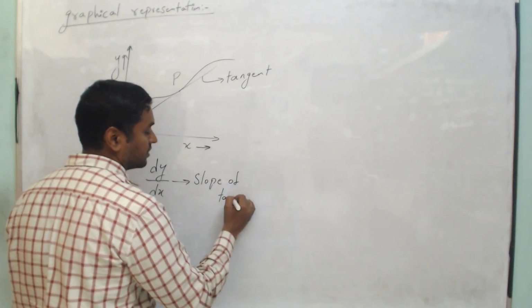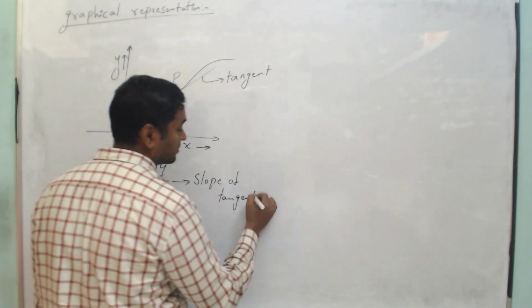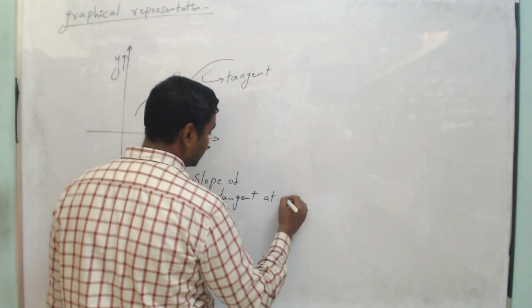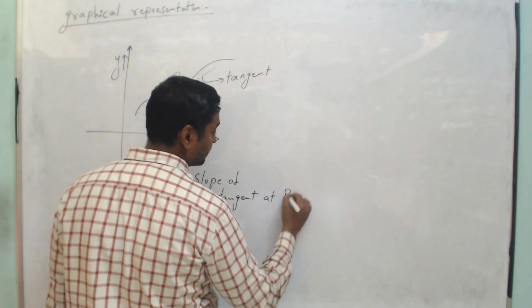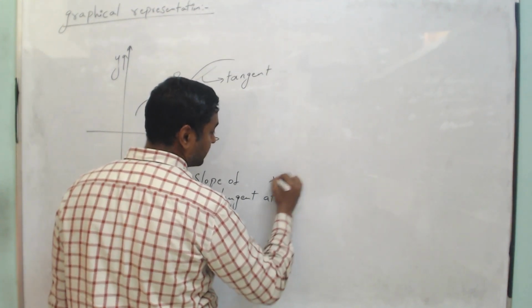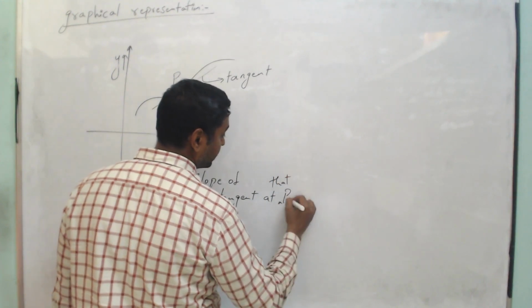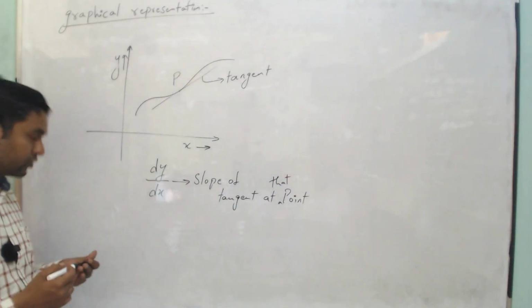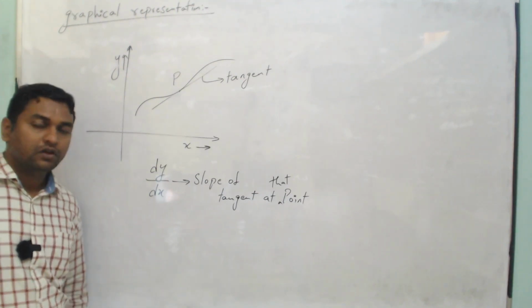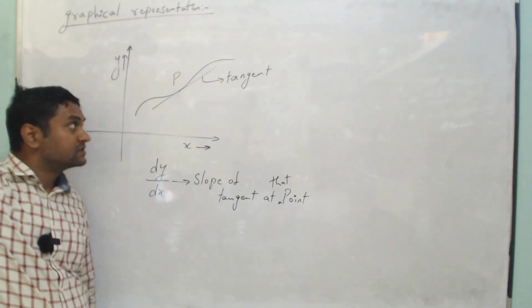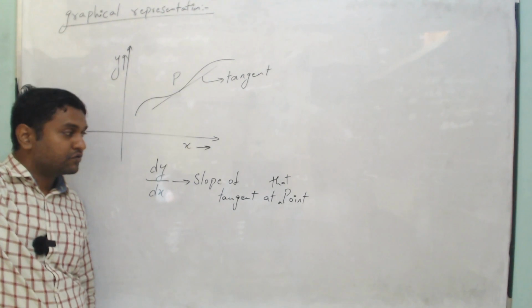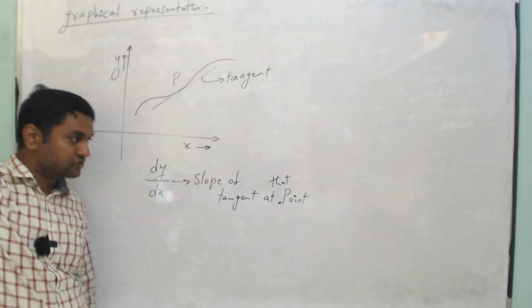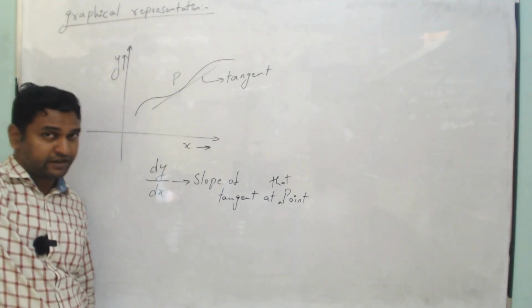If I do dy by dx at that particular point, I will get the slope of the tangent. Do you remember this? So dy by dx is nothing but the slope of the tangent at that point. Geometrically, it's the slope of the tangent at that point.